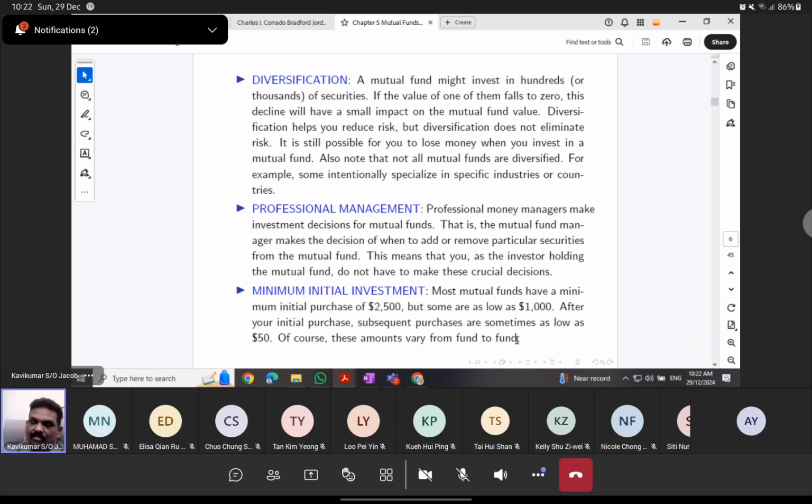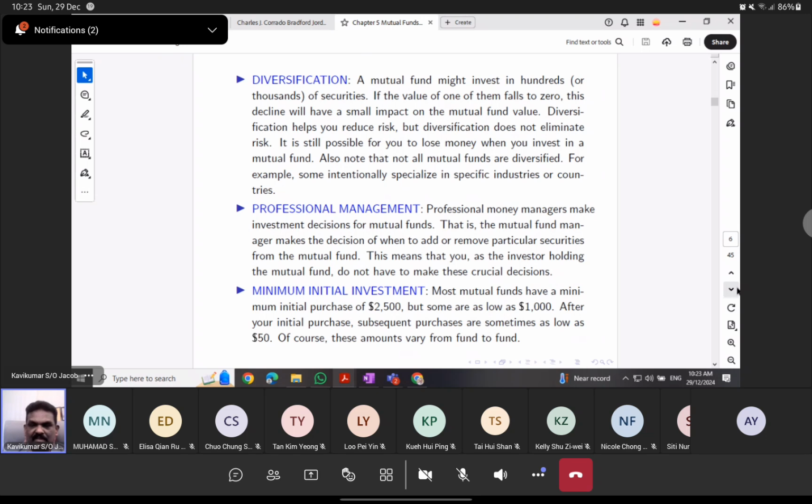If you want to sell your gold, you have to maintain 1 gram in your account. Otherwise, you cannot do any trade. Okay, so there's a certain minimum condition. You have to maintain a certain minimum amount of money in your account. Likewise, in the mutual fund, they will fix some minimum initial purchase.